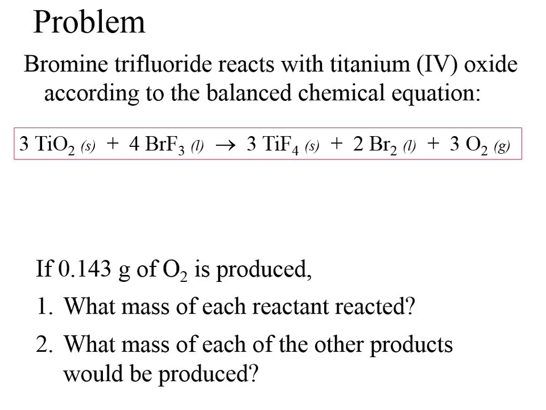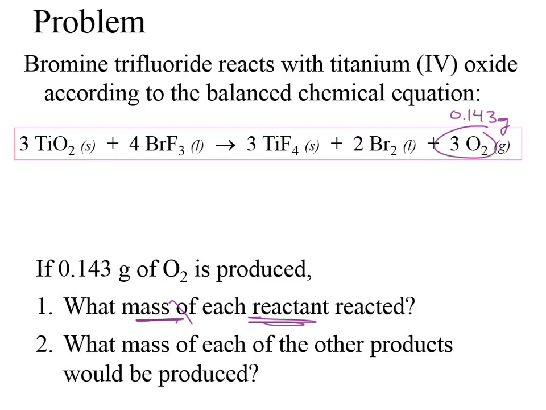Okay, so for each case, for all of those cases, we have this amount is known, 0.143 grams, okay? So for problem number 1, it says what mass of each reactant. So of course the reactants are on the left.